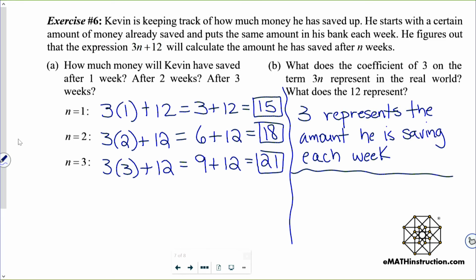And then the 12 is what he started with, right? Because ultimately, what's he doing, right?